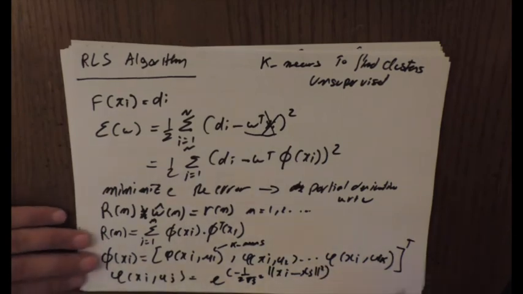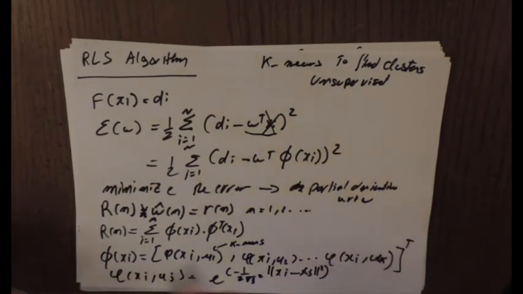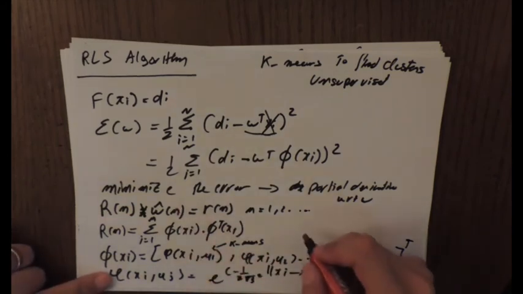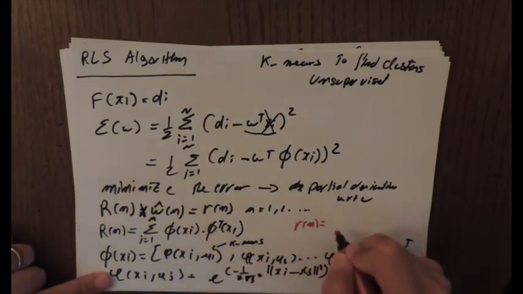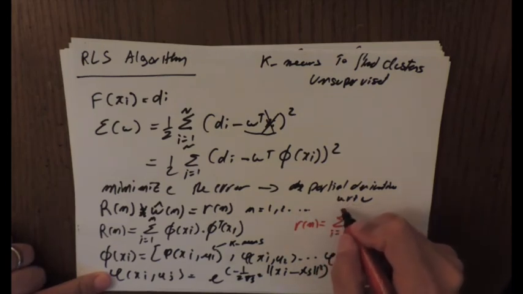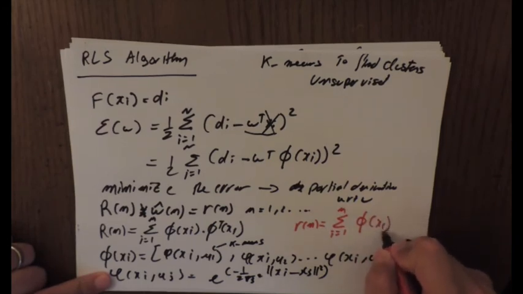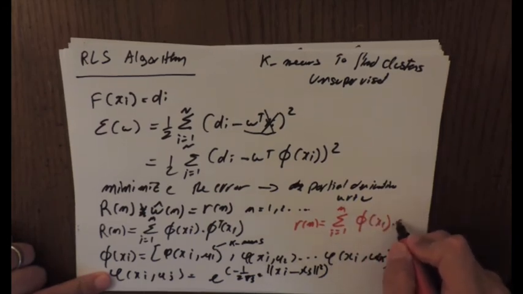And of course we have r of n, which is a k by k correlation matrix, and small r of n, which is a k by 1 cross correlation. So r of n is equal to the summation i equal 1 to n of big phi of xi times d of i.